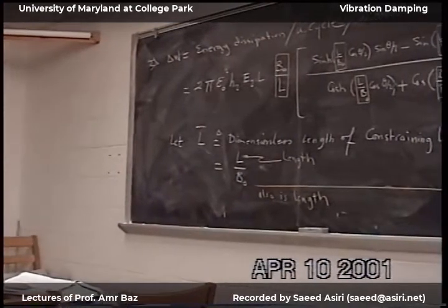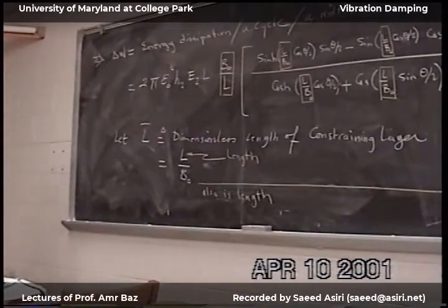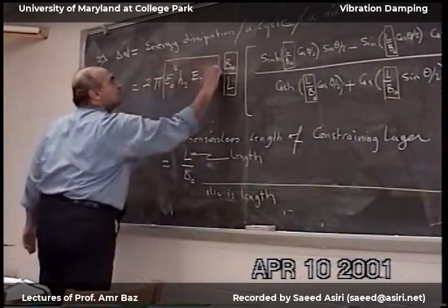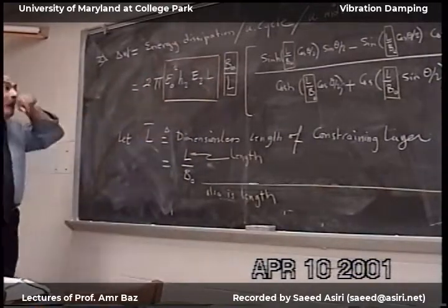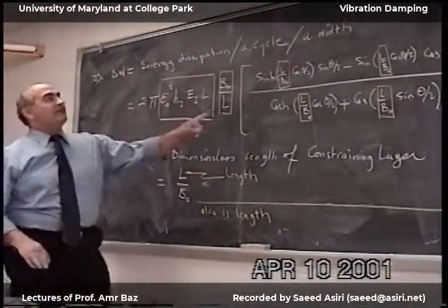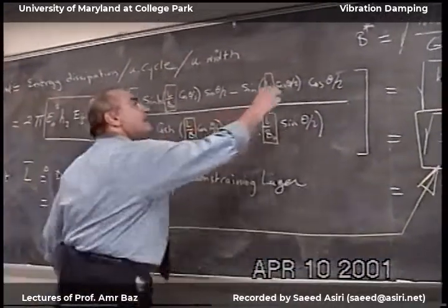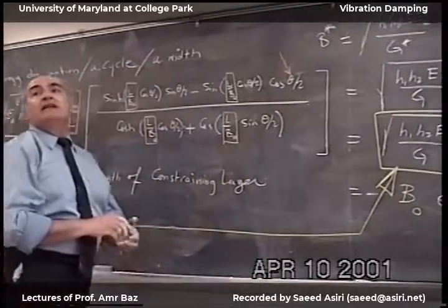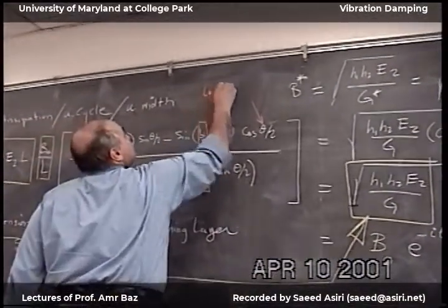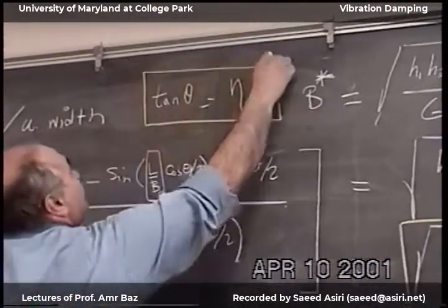Okay. Now, before we look at the front number that we have here, what is left inside the term between brackets is one parameter, which is this theta. Again, if you remember, we said tan theta is the loss factor of the viscoelastic material.